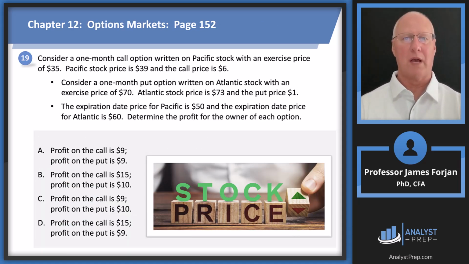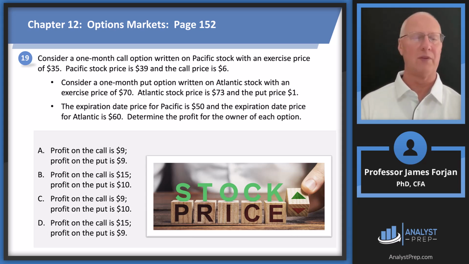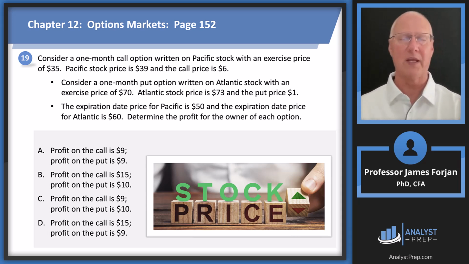Let's see, 1 month call option on Pacific stock, exercise price of 35. Pacific stock is 39. Call price is 6. Consider a 1 month put option written on Atlantic stock, exercise price of 73, and the put price of 1. Expiration date price is 50 and 60 for Pacific and Atlantic.